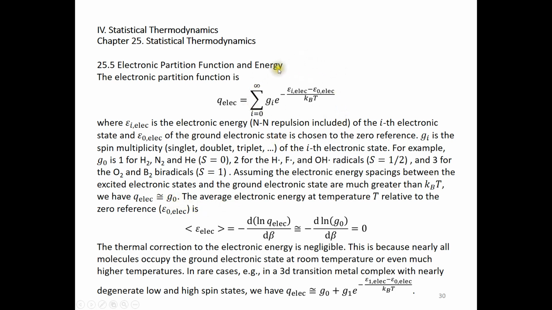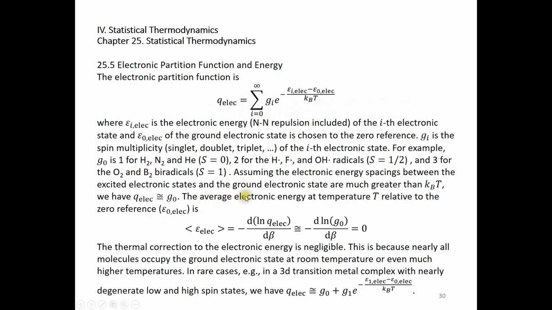If you look at this series of terms, the first term is g_0 times e to the power of negative 0 over kBT. These two cancel in the first term. So really the electronic partition function is equal to g_0 if we can neglect all those other terms.